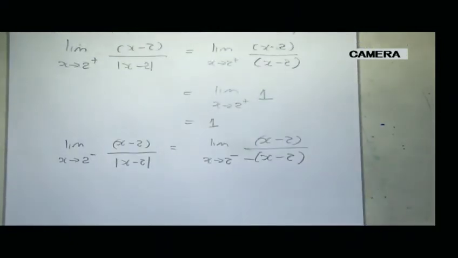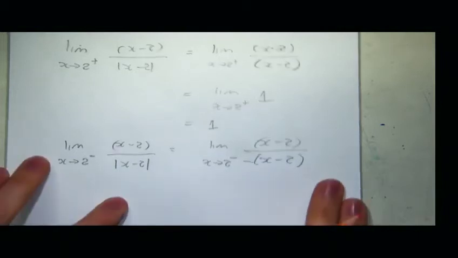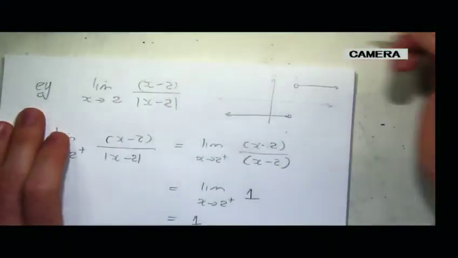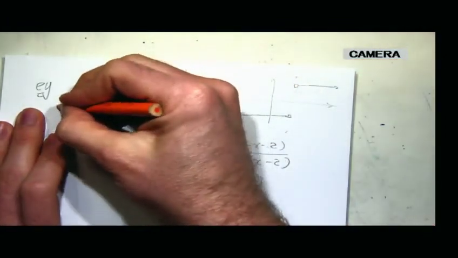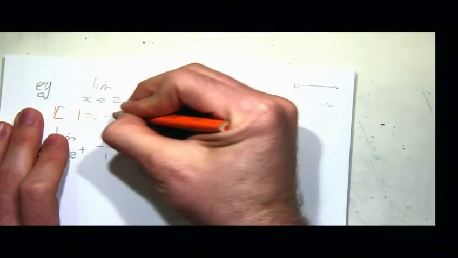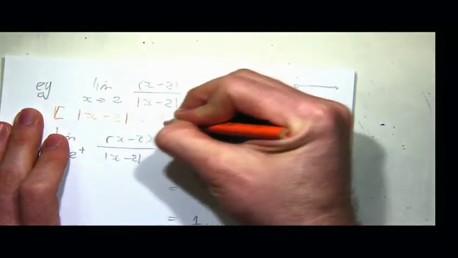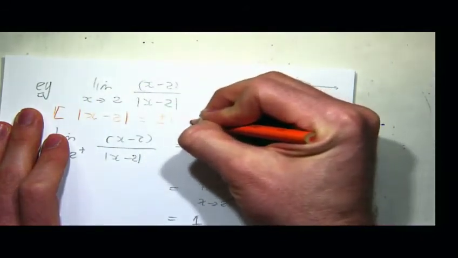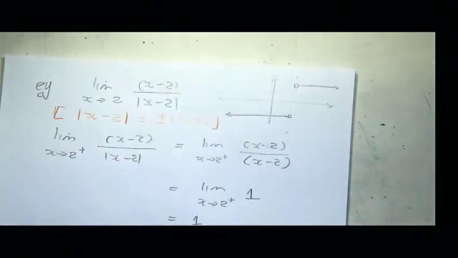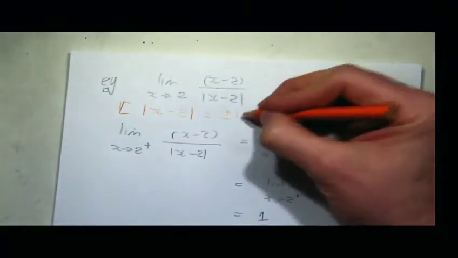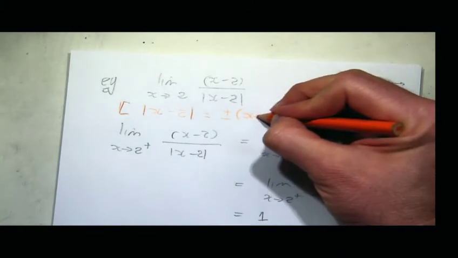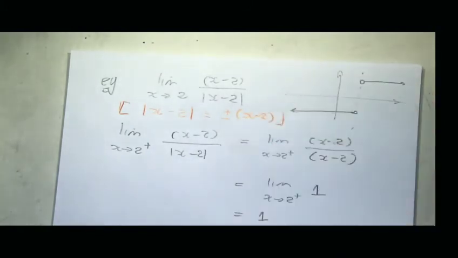One way I have of thinking of this is that mod x minus 2 is plus or minus x minus 2, all by itself, regardless of whether it's an equation or not.